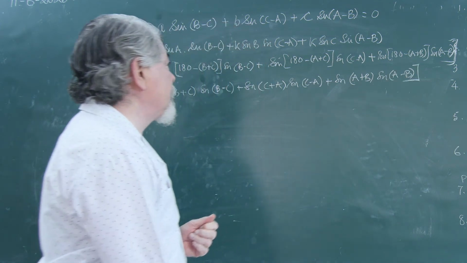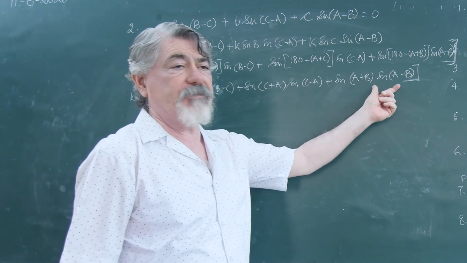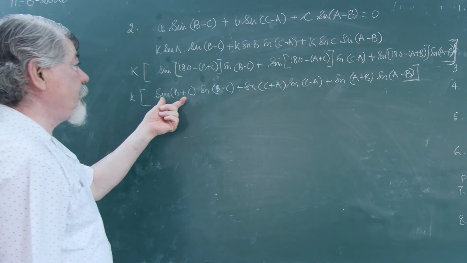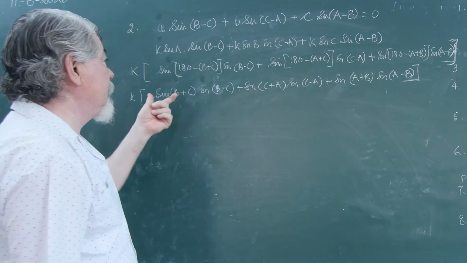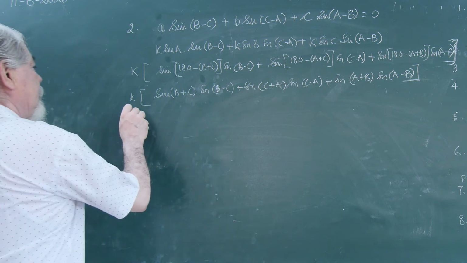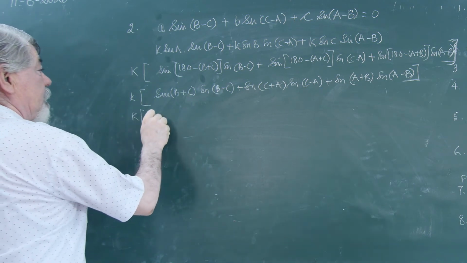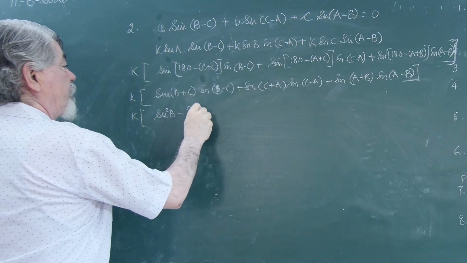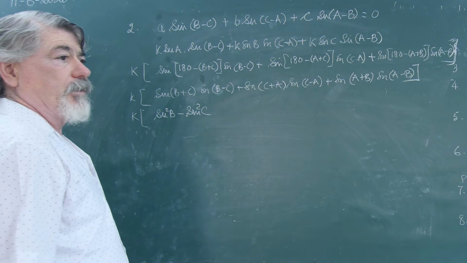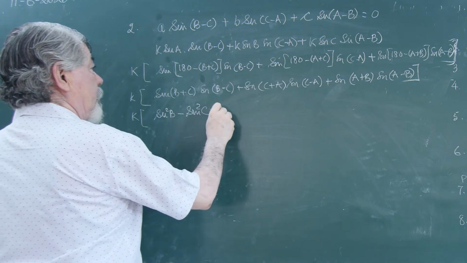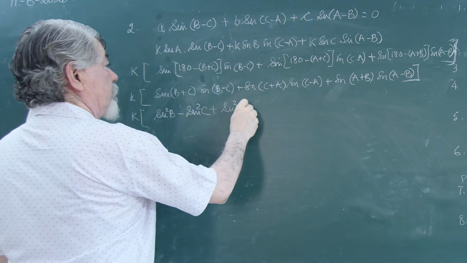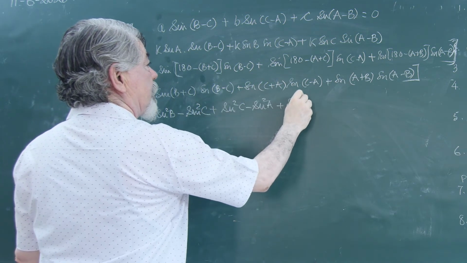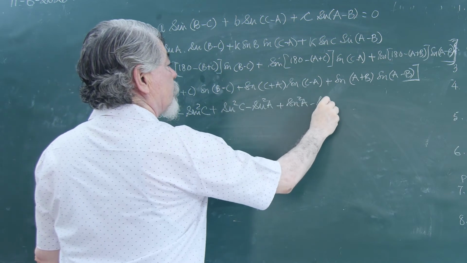We know it very well that sine(A plus B) into sine(A minus B) is sine square A minus sine square B. So sine(B plus C) into sine(B minus C) will be sine square B minus sine square C. These are the laws which we did in the beginning. If you go through my earlier videos, or if you are making notes in your exercise notebooks, then you will find them. Sine square C minus sine square A plus sine square A minus sine square B.